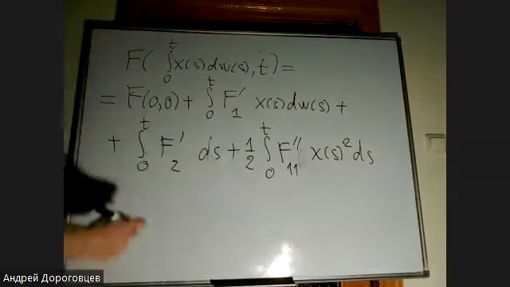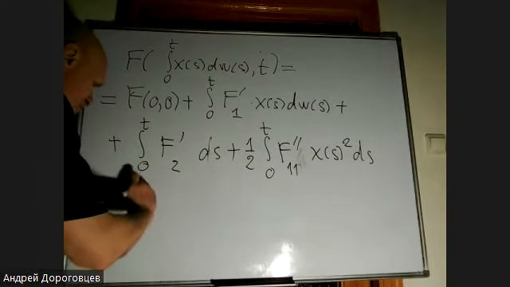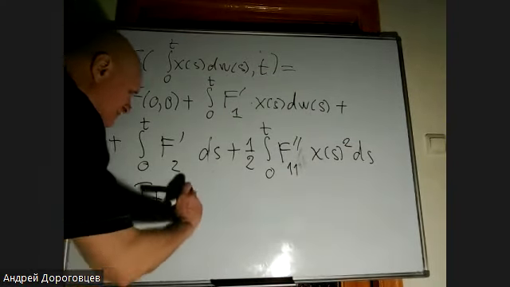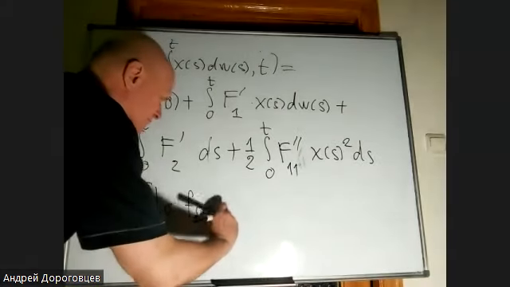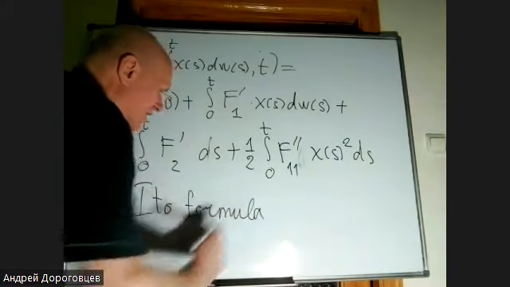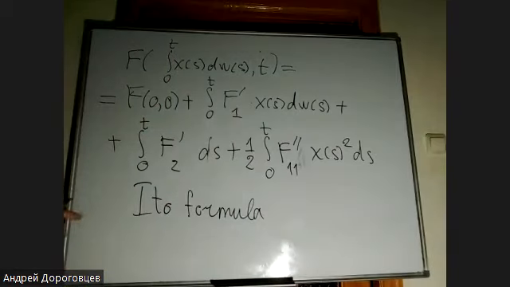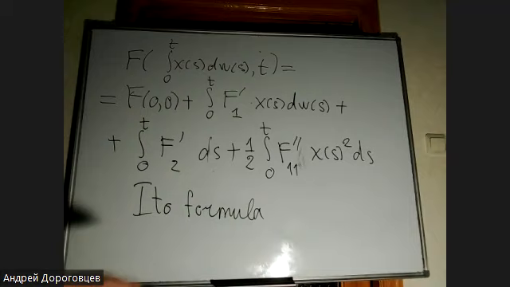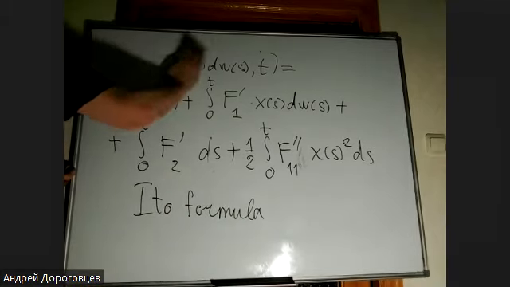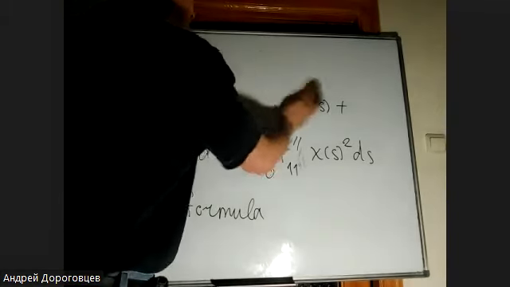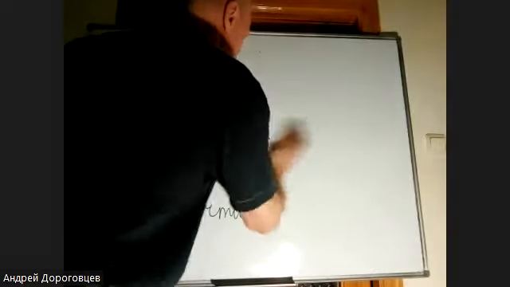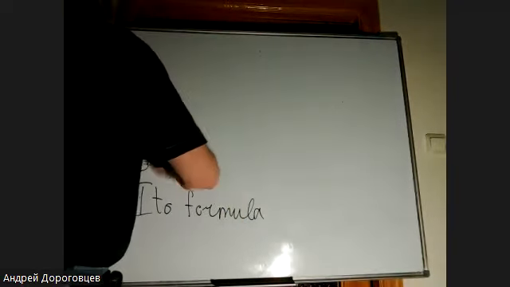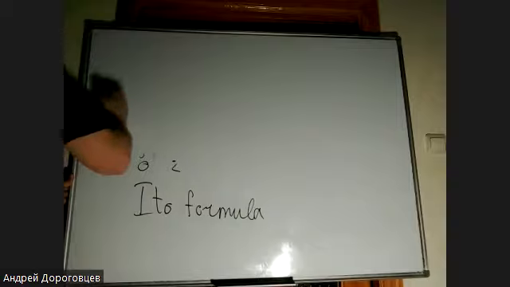So this is the Ito formula. And based on this formula and the previous properties of the Ito stochastic integral, one can build a very rich and very wide theory of stochastic differential equations.